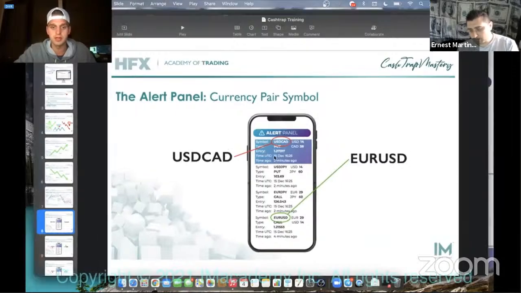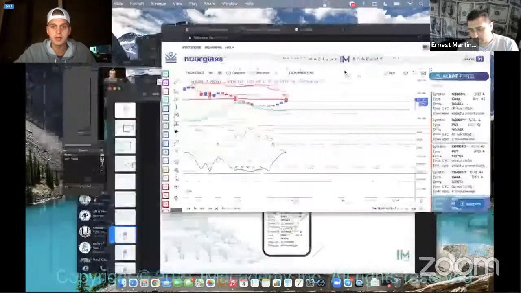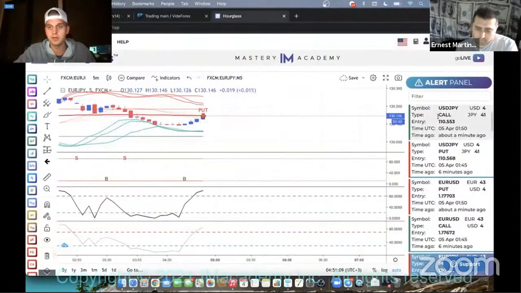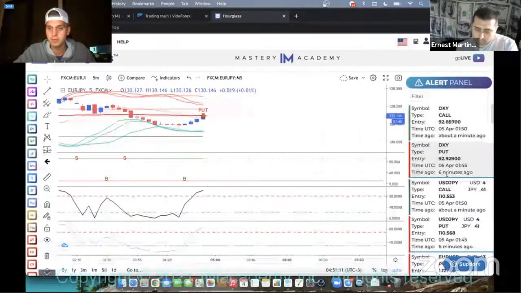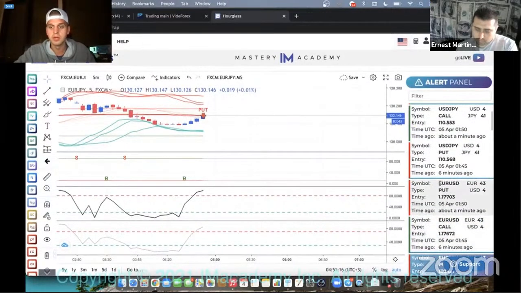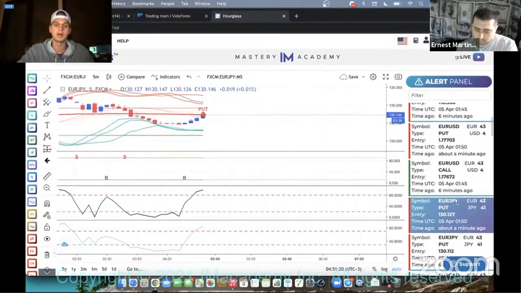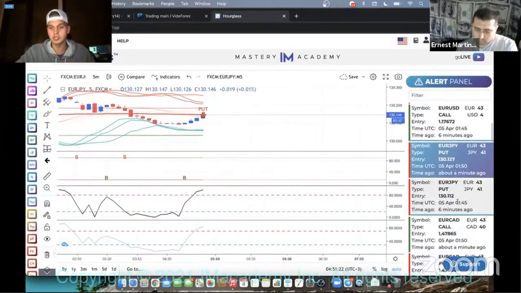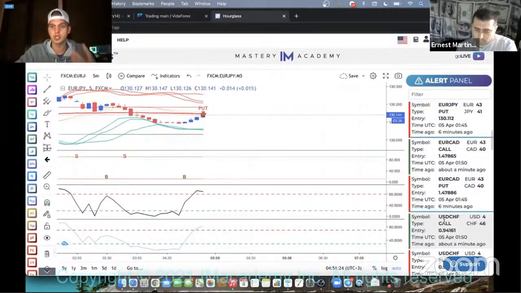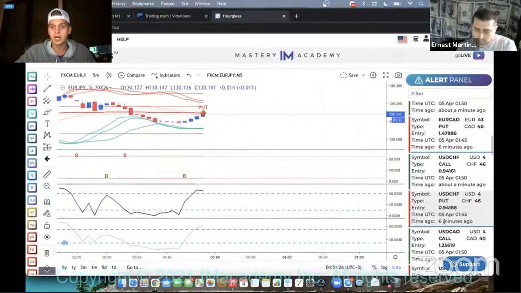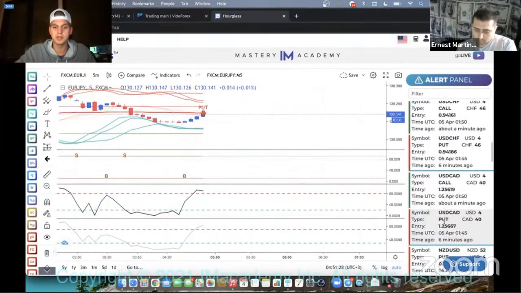If we go over to the broker, you can see all these different currency pairs. Symbol USD JPY. Scroll down. Euro USD. Scroll down. Euro JPY. So Cash Trap is kicking out so many different trade ideas on all of these pairs.